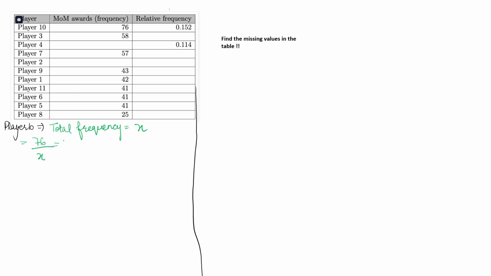We have the relative frequency, so if we solve for x, x will be 500.